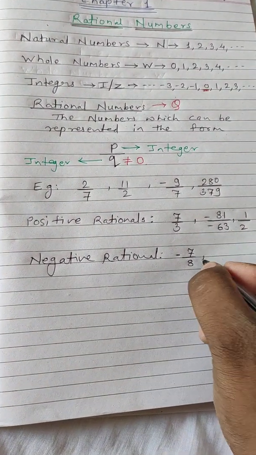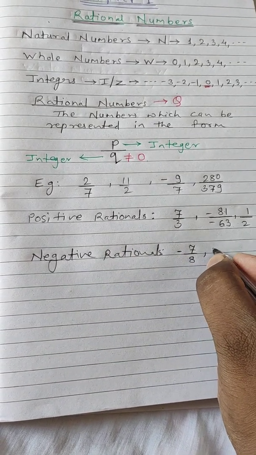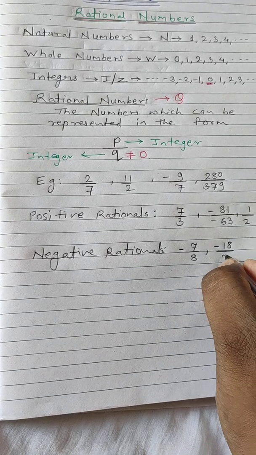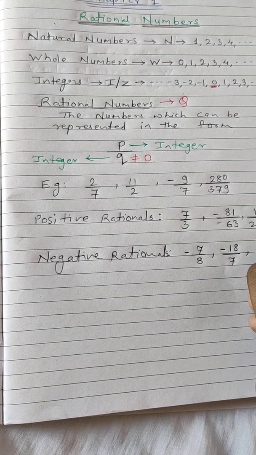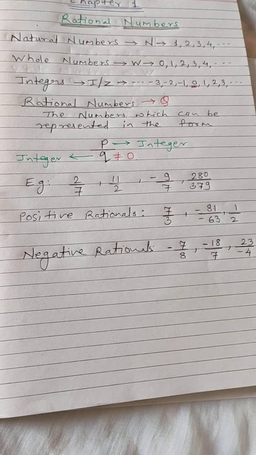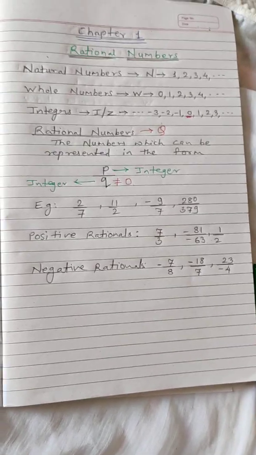If I am writing minus 18 upon 7, this is a negative rational. If I am writing 23 upon minus 4, these are the negative rationals. Understood the meaning of negative rationals?